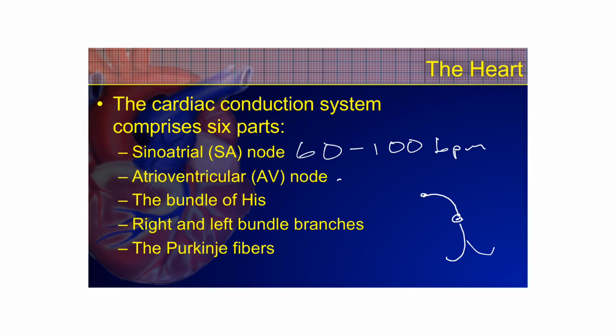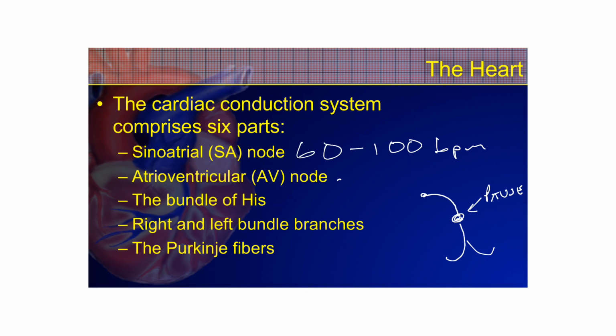So the atria are both contracting and trying to expel blood into the ventricles. And this AV node allows for a little bit of a pause, so the ventricles can fill up with blood, so the atria can eject all of its blood. So that AV nodal pause is super important for the Frank-Starling mechanism, right? The more the ventricles expand, the more they contract, the more cardiac output you'll have.